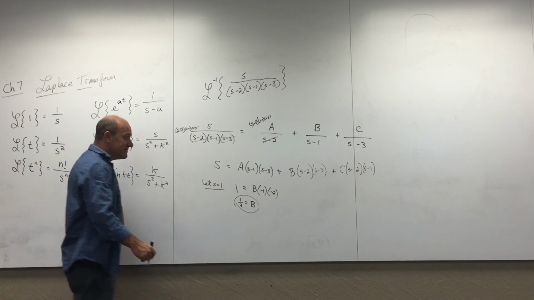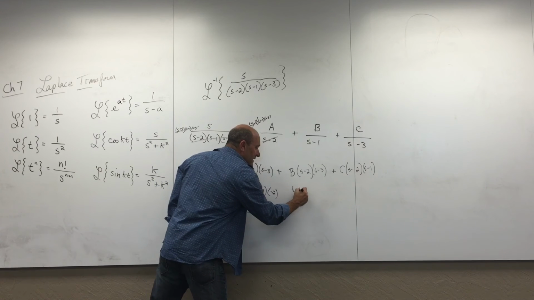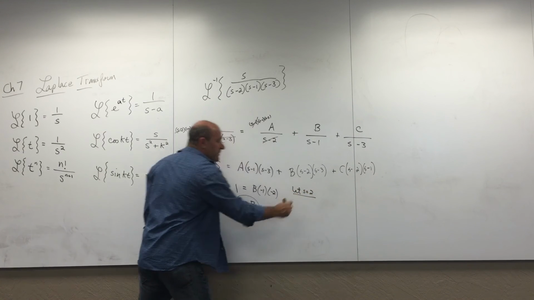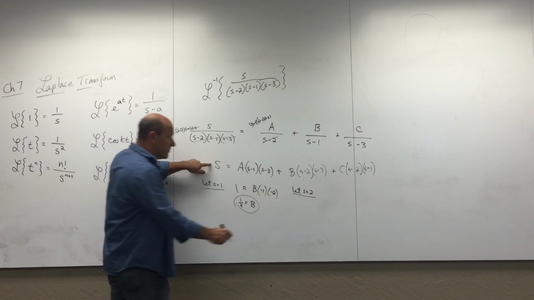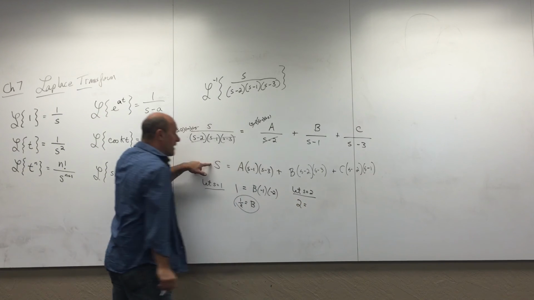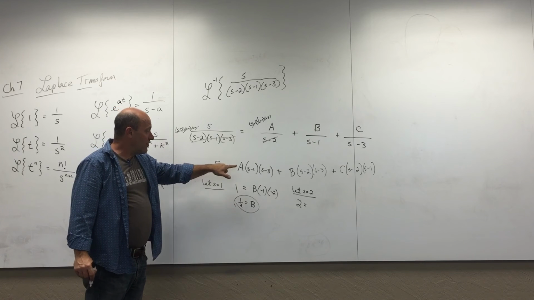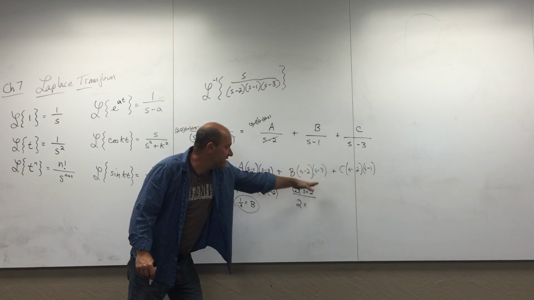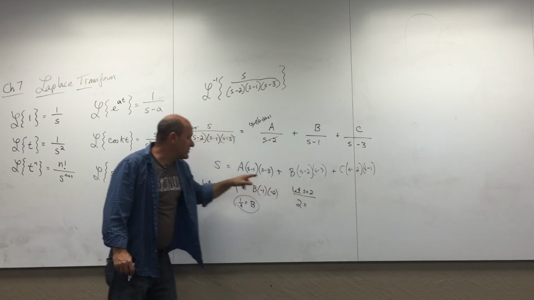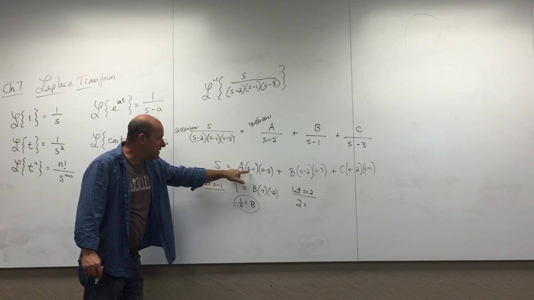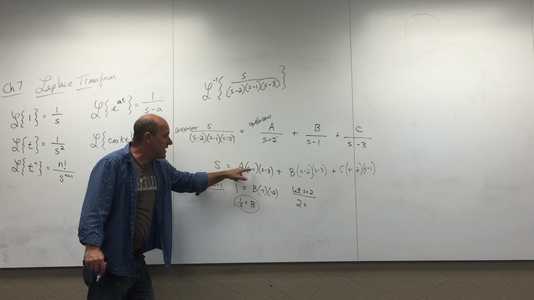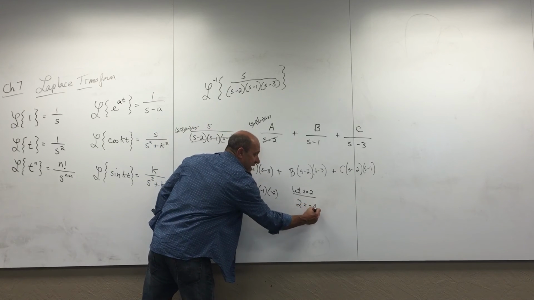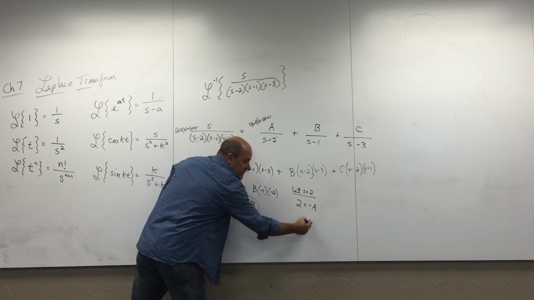Do you remember doing this? Yes. Let s equal 2. That means on this side it'll be a 2. And then over here, that'll be a 0, and that'll be a 0, so I'll be getting a 2 in here. That'll be a 1. That'll be a negative 1. I think I get a negative A. So I'll multiply by a negative sign, and A is negative 2, I think.